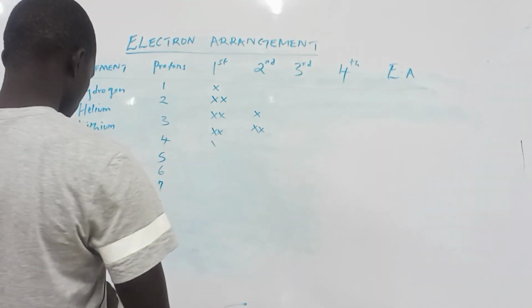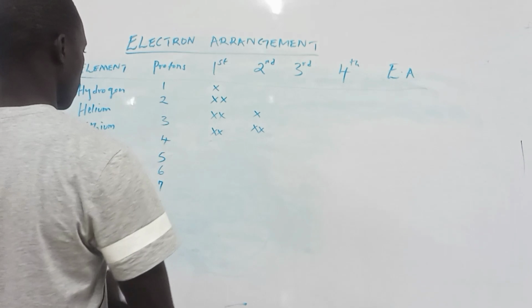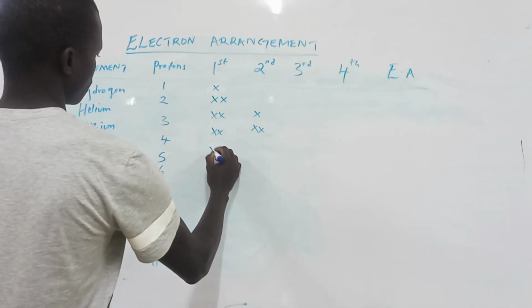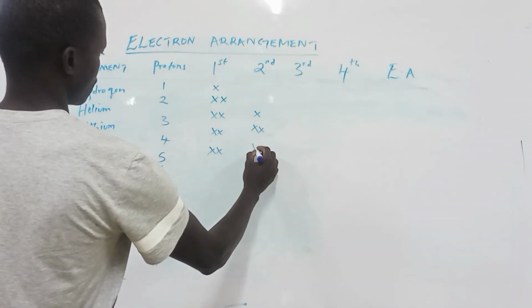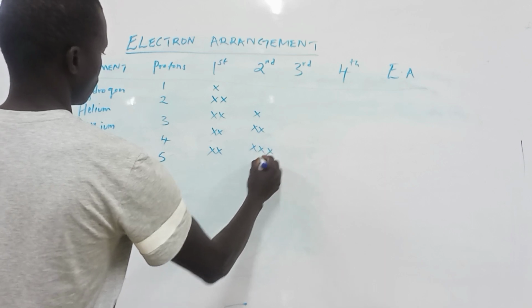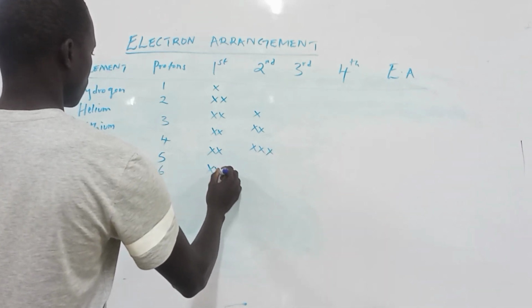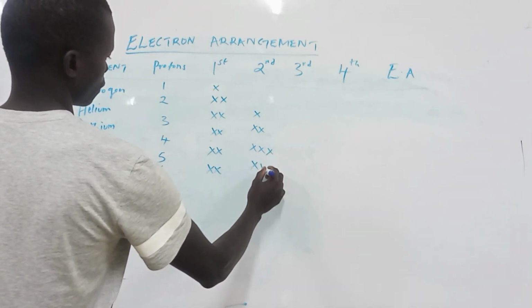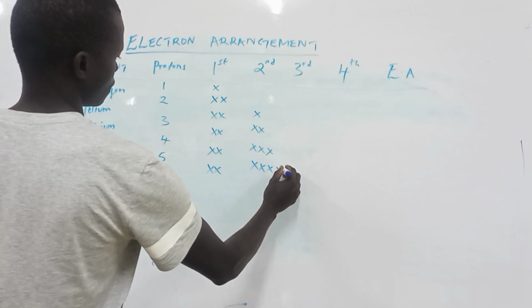Boron, we have 2, the remaining 3 in the second energy level. Carbon, 2 and 4 in the second energy level.